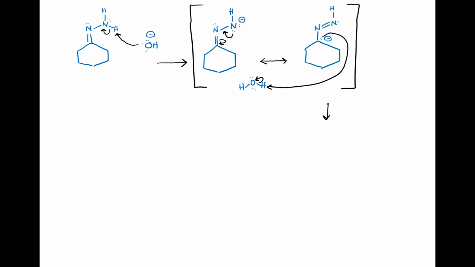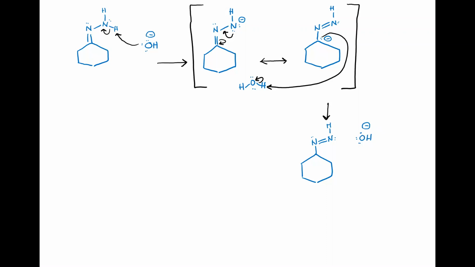So just another proton transfer. And that gets us here. Okay, we're going to use a second equivalent of hydroxide. So we actually need at least 2 equivalents in this reaction.